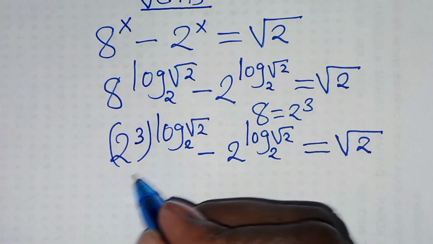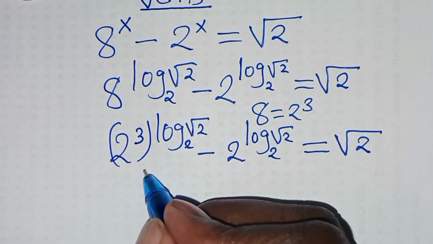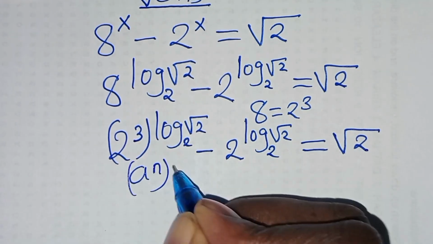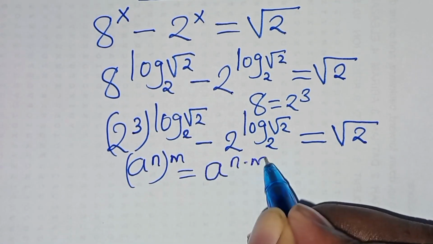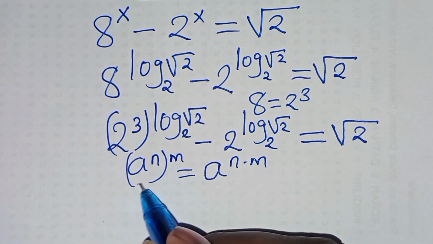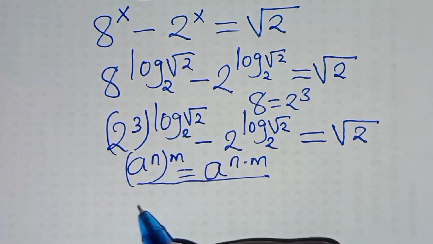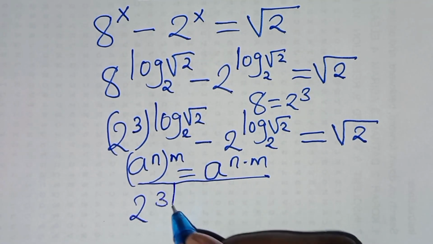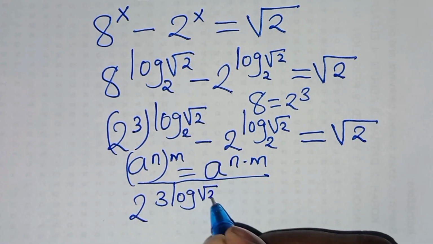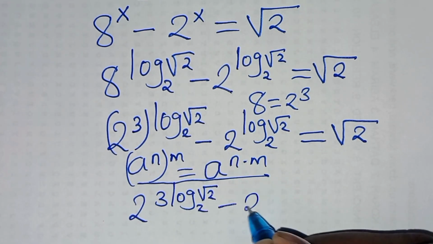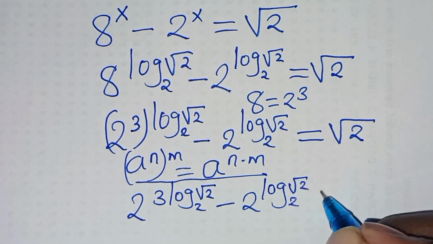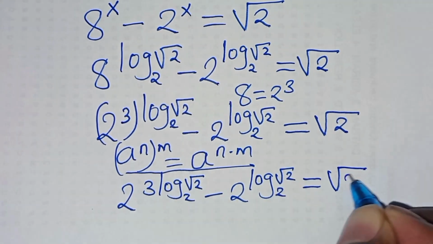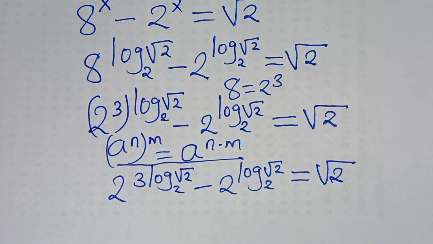Now, this is actually in the form of a to power n raised to power m, which we can express as a to power n times m. Let's apply this exponent property. So here we have 2 to power 3 log square root of 2 to base 2, subtract 2 raised to power log square root of 2 to base 2. This should give us a value of square root of 2.